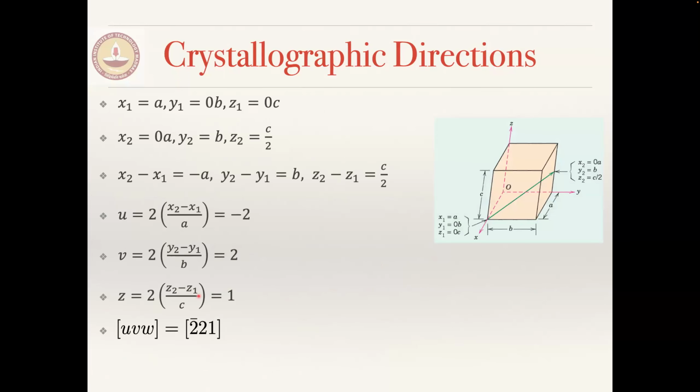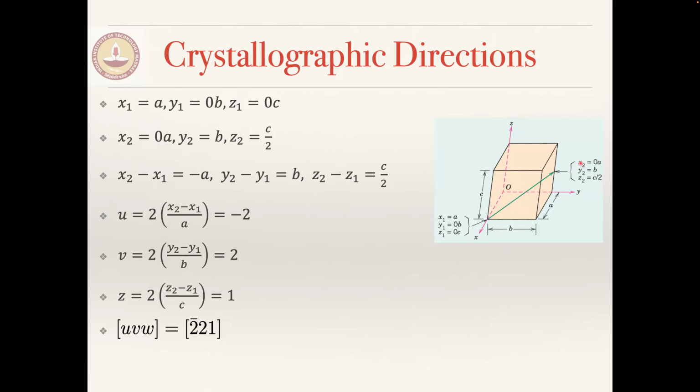Okay. So let us look at this fellow. This is your crystallographic direction. So one way to go about it, all that we need to do what? It is cutting the x-axis at A. So x1 is equal to A, y1 equal to 0 because it is not cutting, it is here, and z1 is equal to 0. So that is what it is, and this is x2, right?